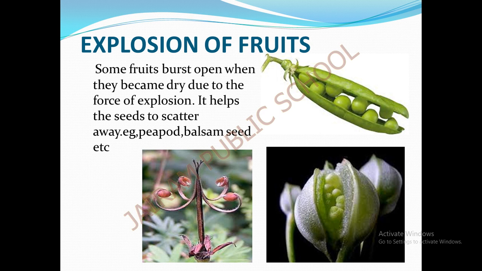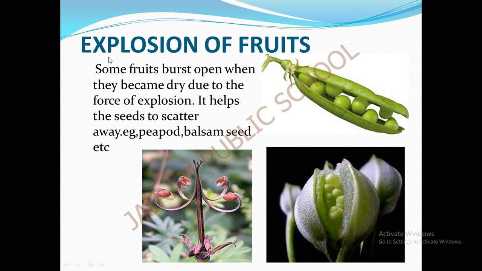After becoming dry, they start to explode due to the force of explosion. The seeds scatter away due to the force and fall in some other places. It also helps in dispersal. So it helps the seeds to scatter away. Example, pea pod, balsam seed, etc.